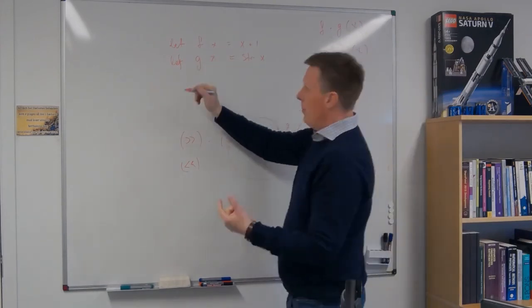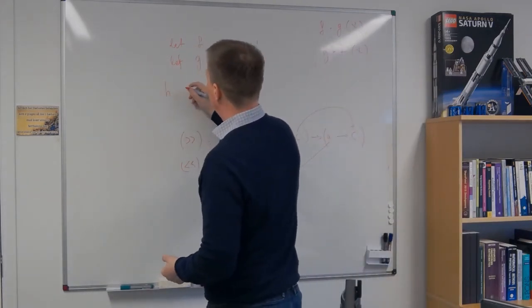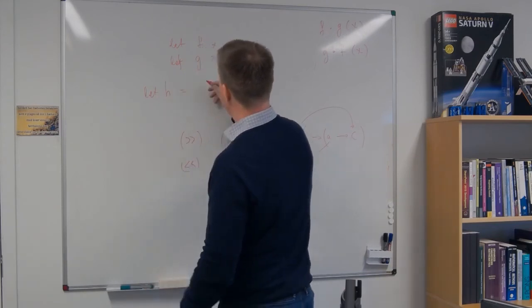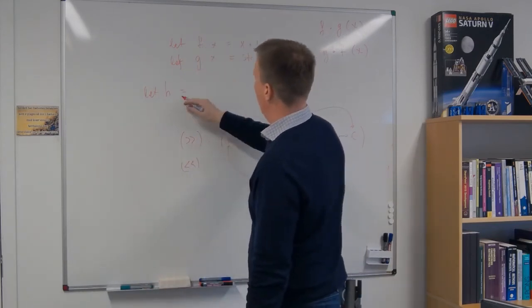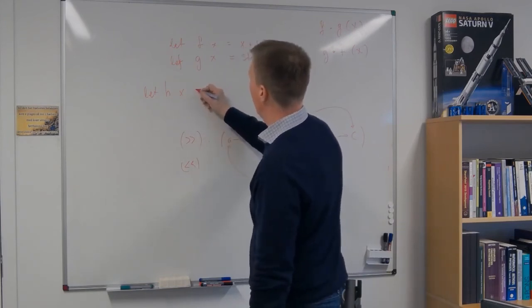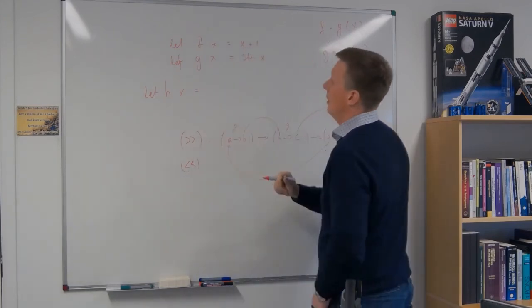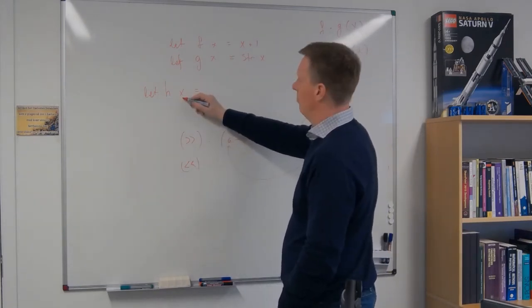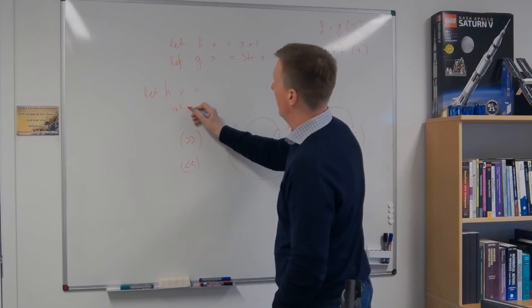So now we can create the function h. Let h equals, and maybe we have the x in here explicitly to start with, then we can get rid of it. x is an integer. The whole thing here is int to string.